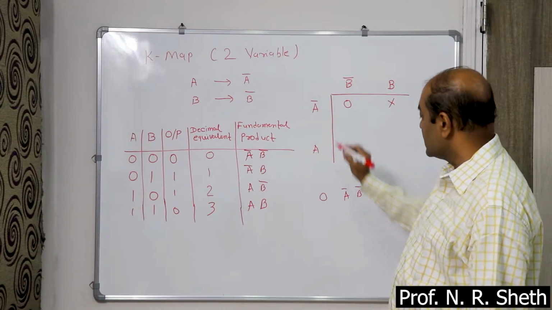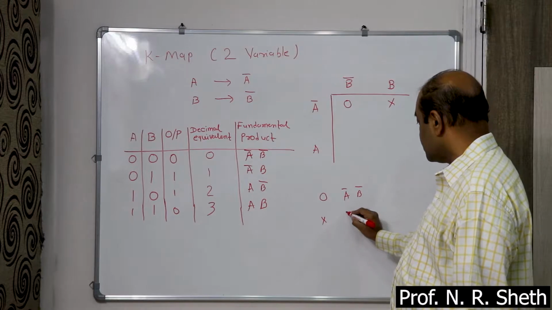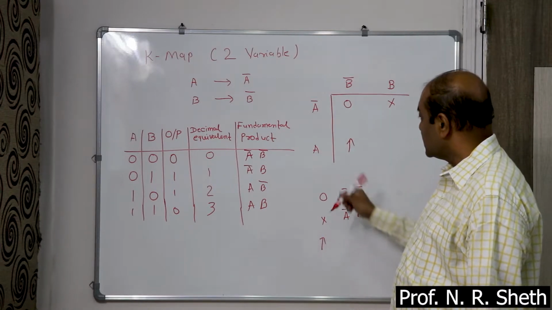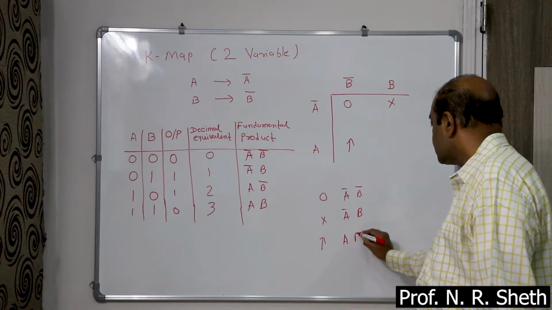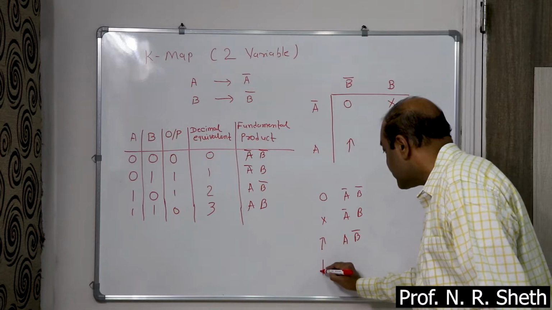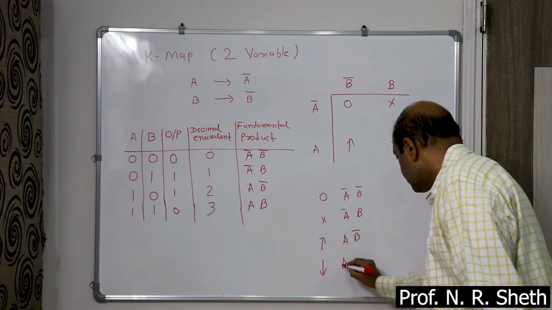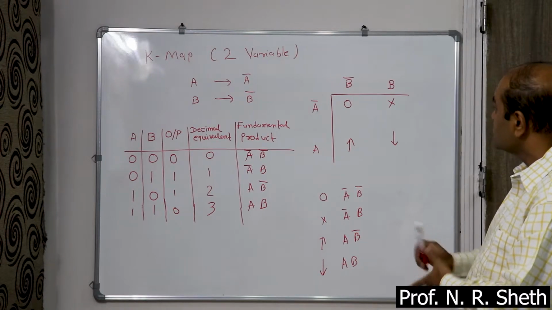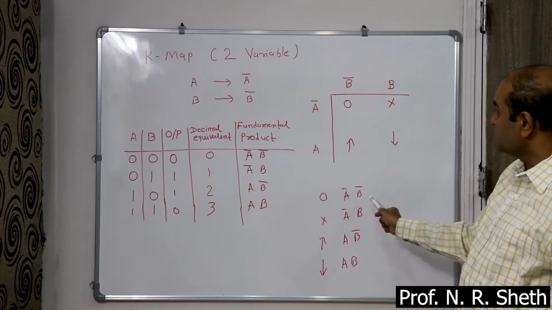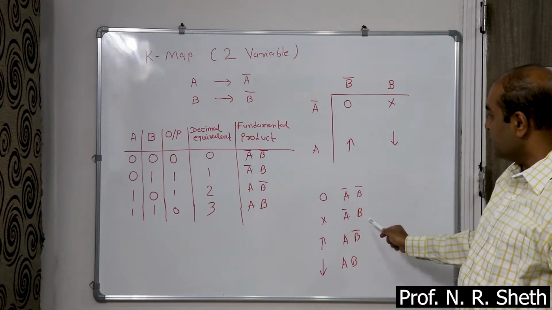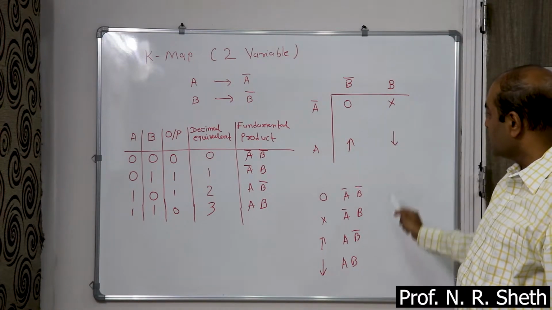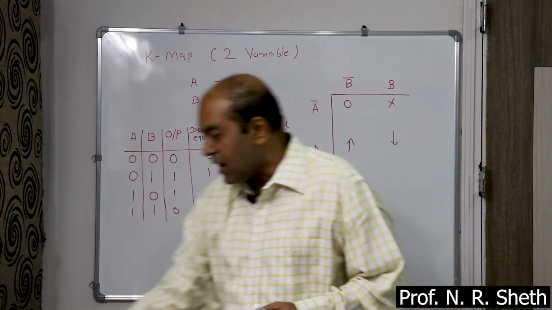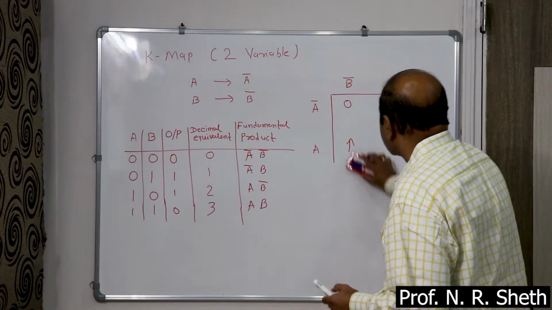For this one A bar B bar, A bar B, this one A B bar, and for this position it is A B. Again A bar B bar, A bar B, A B bar, downward arrow A B. Is it clear? Okay. Now how to fill the K-map?